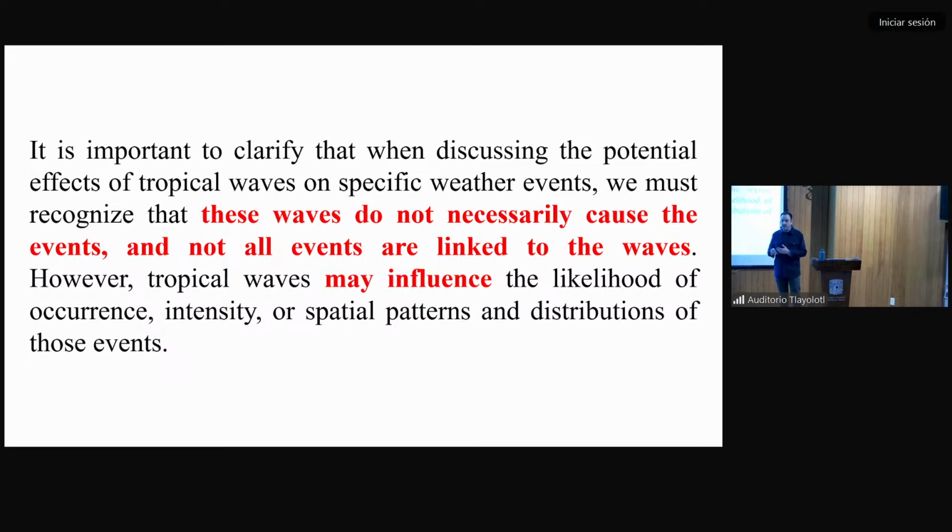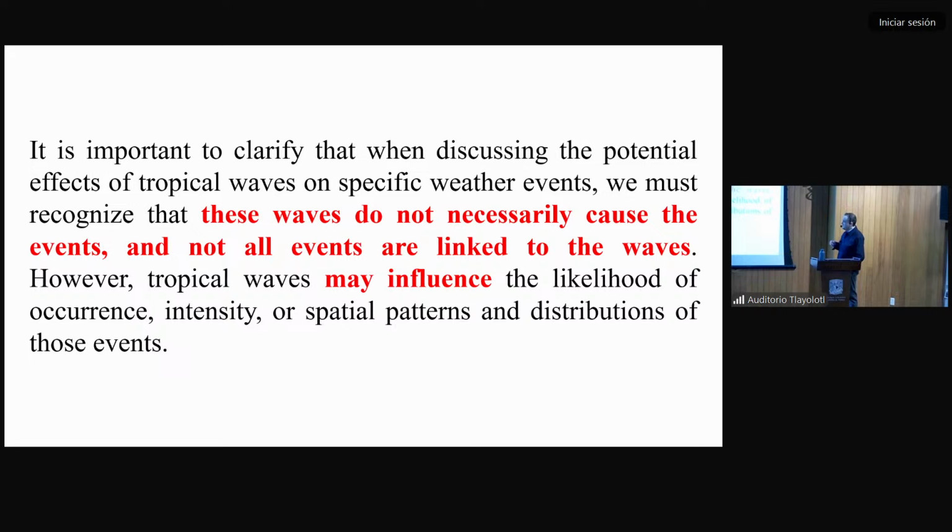Of course, there are some effects of climate change that help to produce a certain hurricane, but a hurricane may exist on a planet without climate change. So it's the same. We must be very careful when we are studying the relationship between the waves and the weather events, because we must be more open-minded about these kinds of relationships.